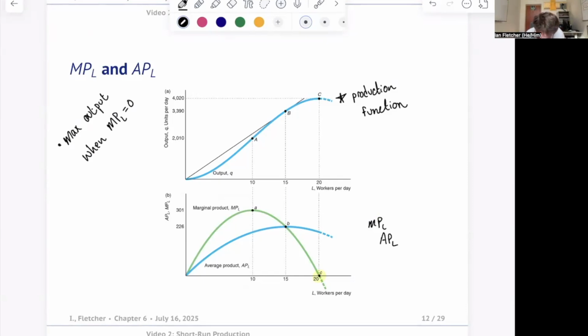Well, when they cross, so at B, when they're equal to each other, this is when we have constant returns, right? So if we notice here, there's this line of constant returns, and B is tangent to that. So when MPL is equal to APL, we have constant returns.